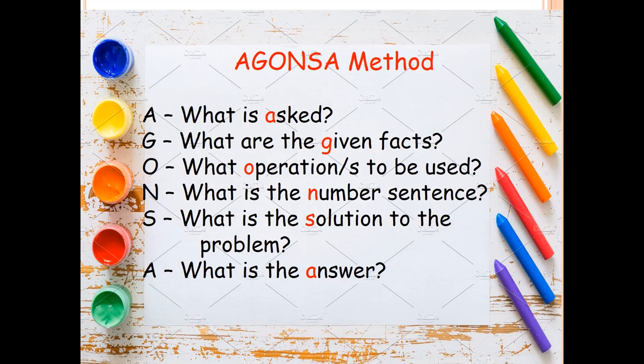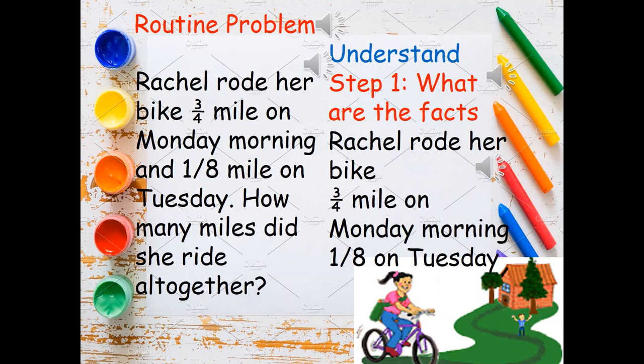Let's try to answer this problem. Raisha rode her bike 3/4 mile on Monday morning and 1/8 mile on Tuesday. How many miles did she ride altogether? What are the given facts? Raisha rode her bike 3/4 mile on Monday morning and 1/8 mile on Tuesday.